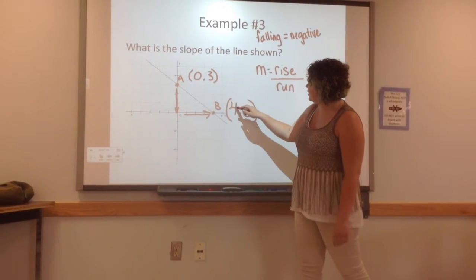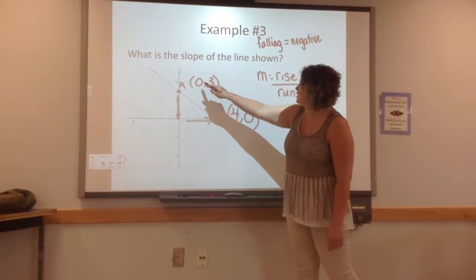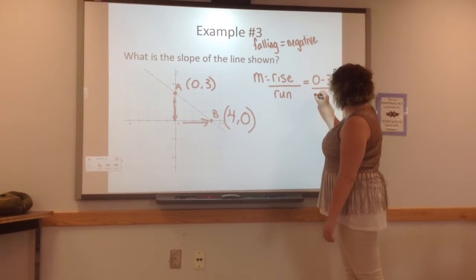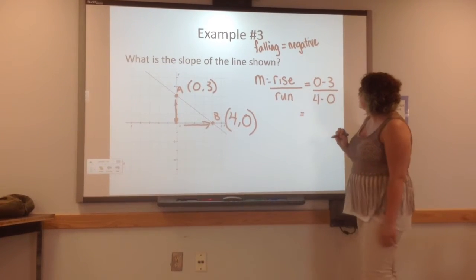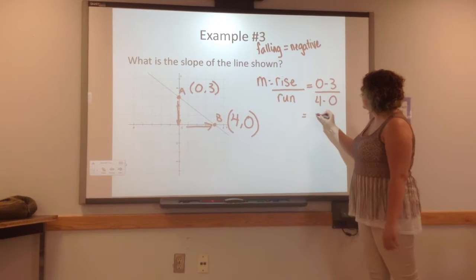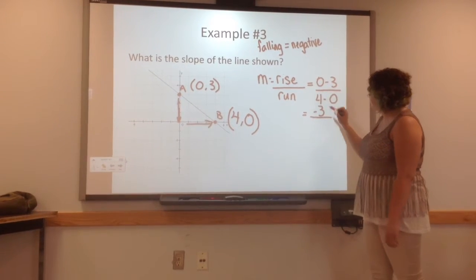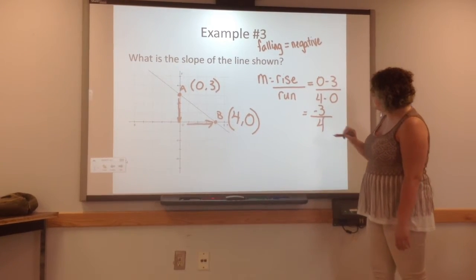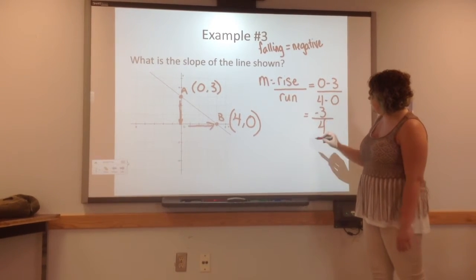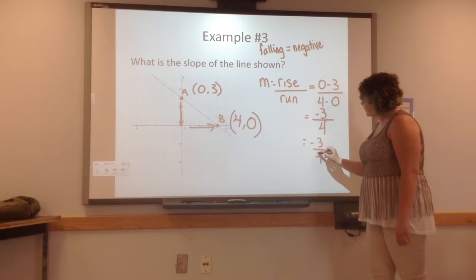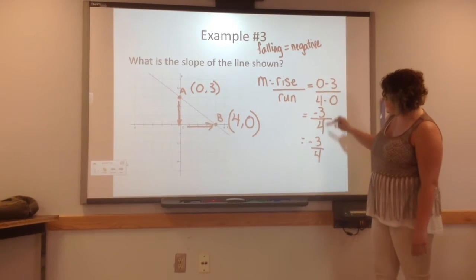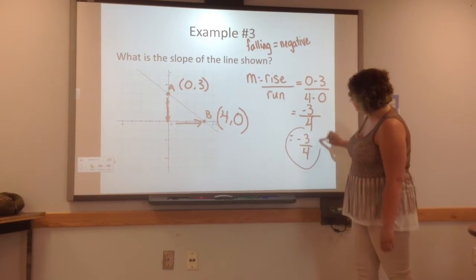Okay, so we always subtract the second point minus the first point: 4 minus 0. Okay, so we have 0 minus 3, which is a negative 3, and 4 minus 0 is 4. So our slope is negative 3/4. Either way you write this, it's still the same.